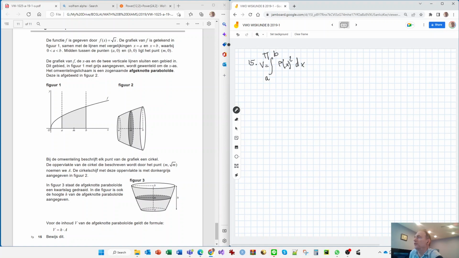Oops, don't forget the pi, because that comes from the area of the circle. So you're kind of summing all these circles here. The area times every time a very small height increase. Let me just write that properly.